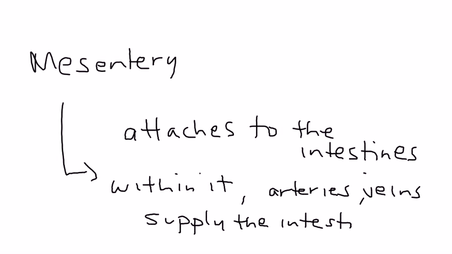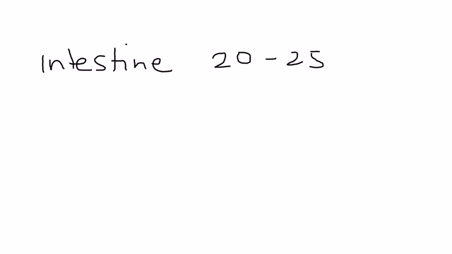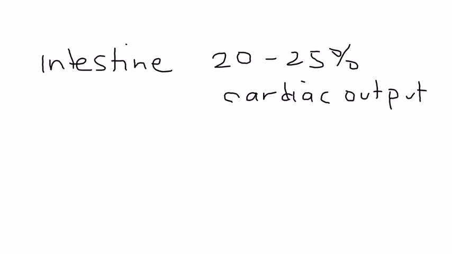And just like how any artery or vein in your body can become occluded, either with a thrombus or an embolus or atherosclerosis, the mesenteric vessels can also be occluded. And what's important about that is that the intestine actually requires a lot of blood. About 20 to 25% of the cardiac output is used to supply the intestine.